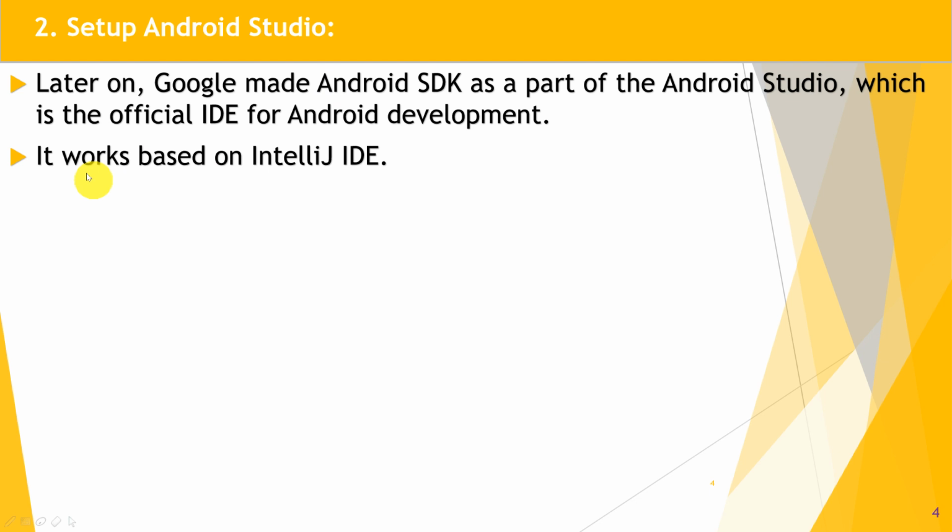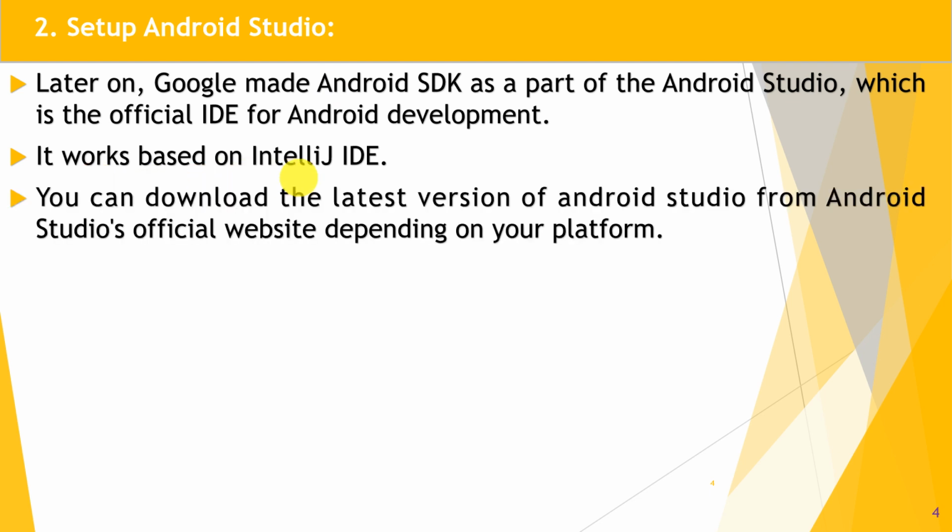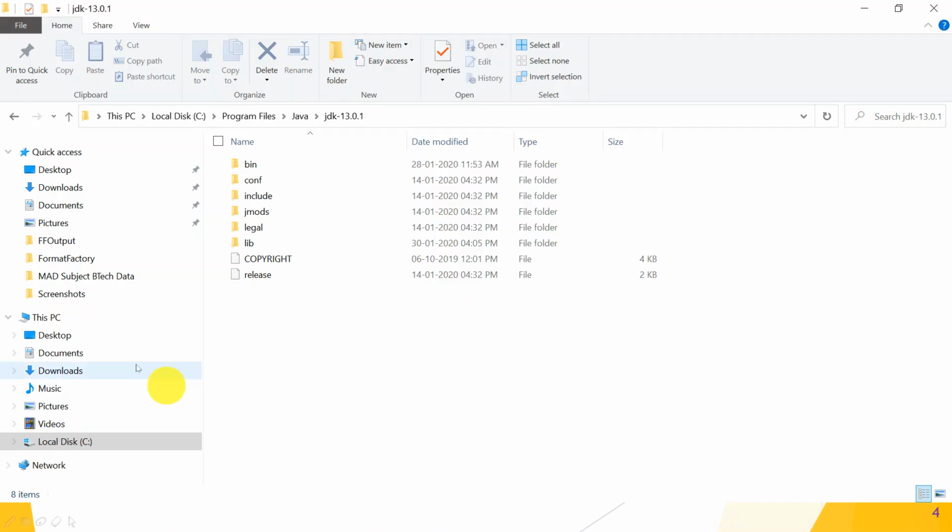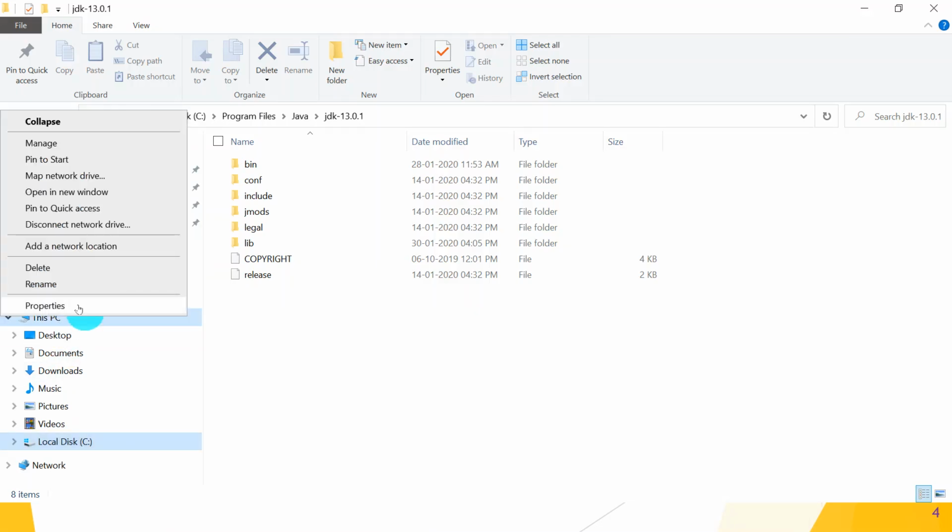Now it is based on the IntelliJ IDE. We will see that. You can download the latest version of Android Studio from the Android Studio official website depending on your platform, that is, which operating system and which bits your machine supports, 32-bit or 64-bit. Just right click on My Computer and open Properties.